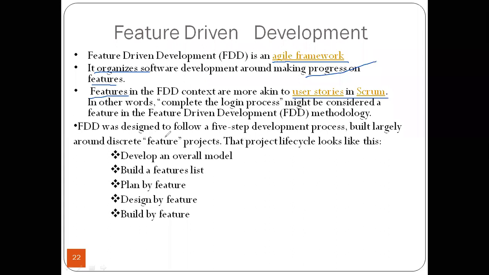We may also call it, for example, the complete login process. If you think, this is one of the processes, or it may act as a single function under the total project. In our project, we have many kinds of subparts.